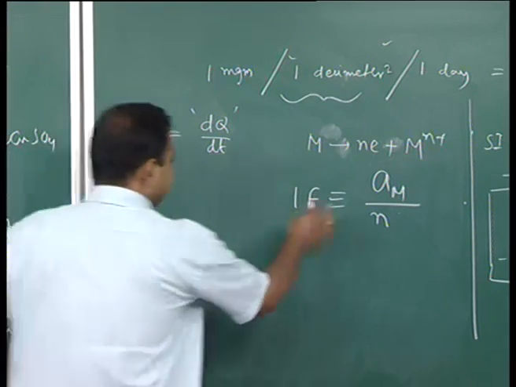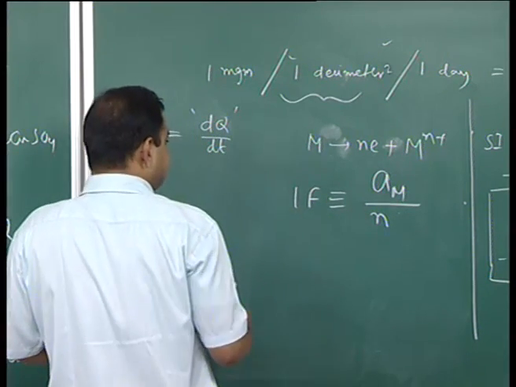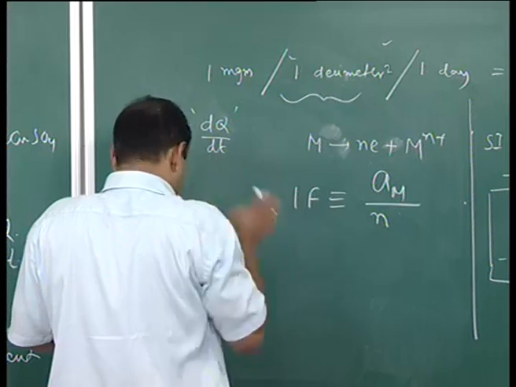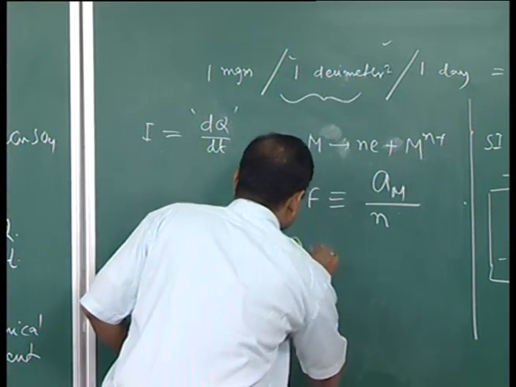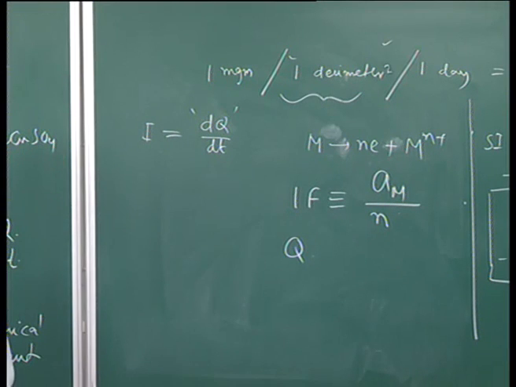So, if this is the situation, then if we supply q amount of charge, what would be the number of moles that would be released into the solution?